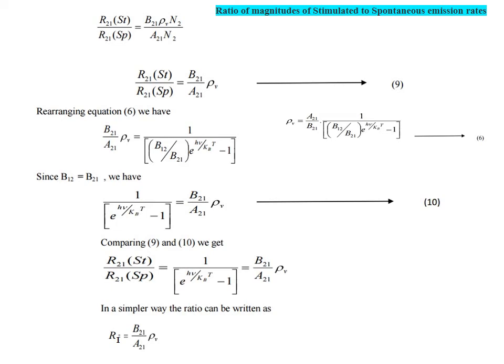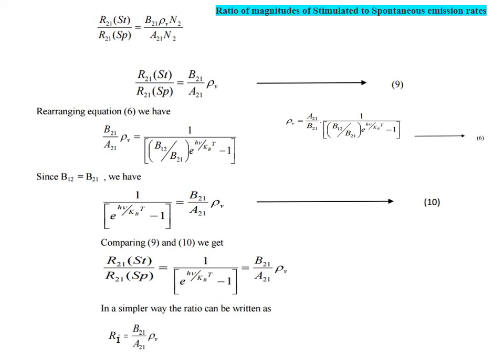The difference between this ratio and the ratio which we already obtained between A and B is, earlier we had A by B equal to 8πhν³ by c³, whereas now we have B by A into rho equal to 1 by exponential h nu by kT minus 1.